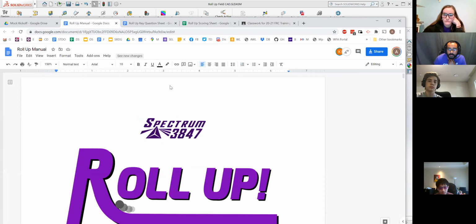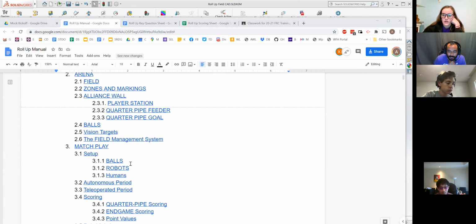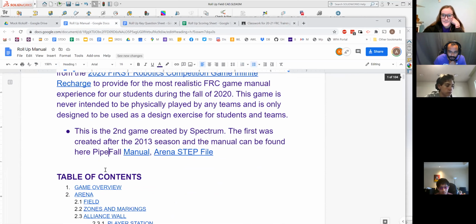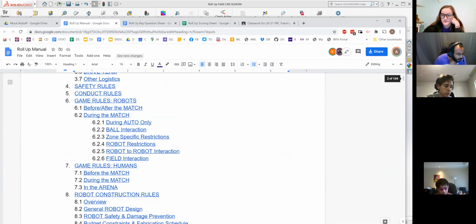Oh, there's a CAD link somewhere, right? That should be on the manual too. Is it yet? I don't think it is. The top one is for Pipefall. I don't think there's one for the old one yet, or for the new one. I don't think we ever did it.